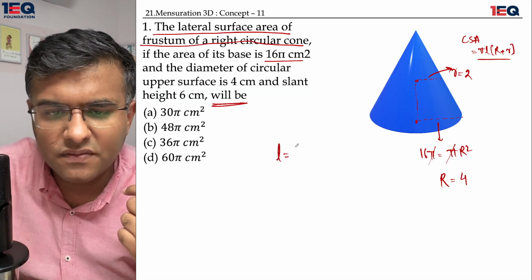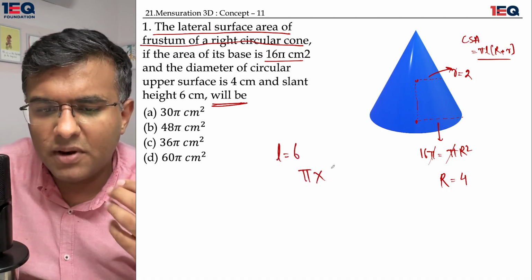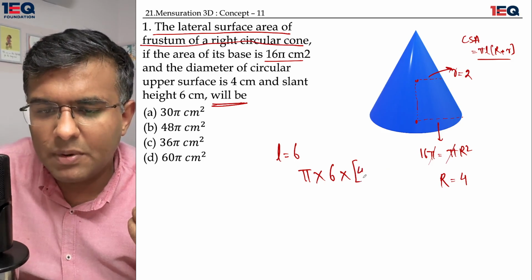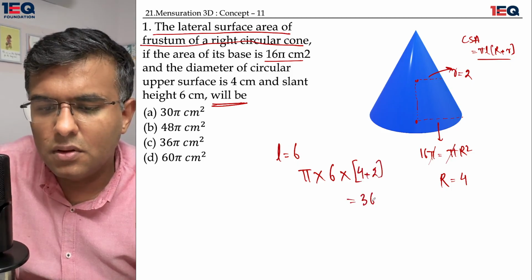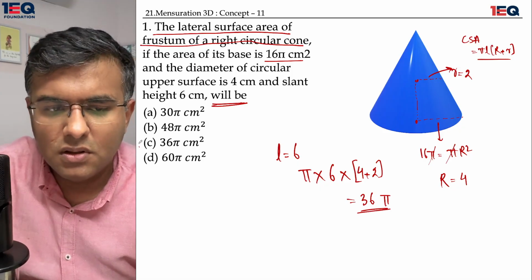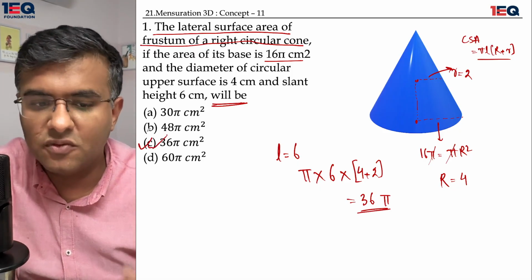I have the value of slant height as 6. This would come out as pi multiplied by the slant height, which is 6, multiplied by capital R plus small r. Capital R is 4, small r is 2. So this comes out to be 36 pi. Good enough. Let's move on.